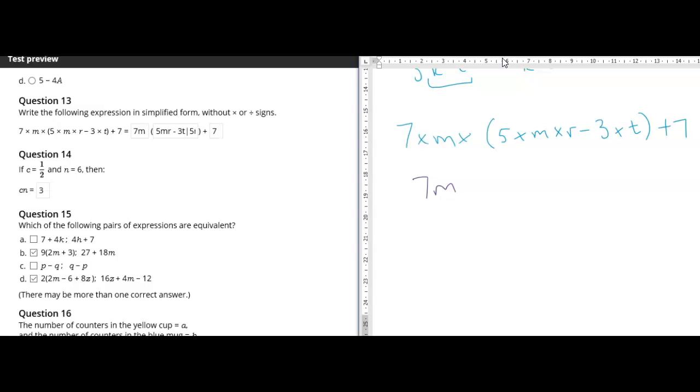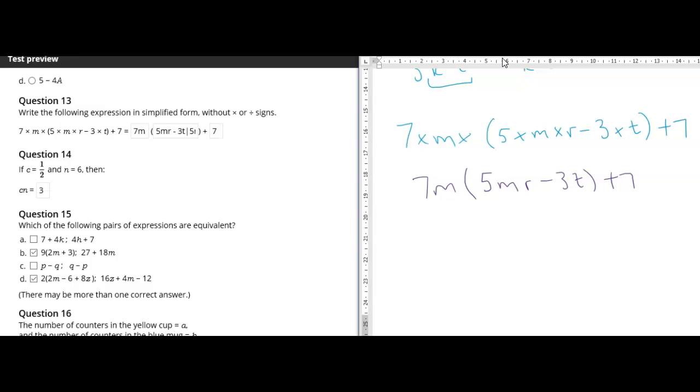So 7 times m is 7m. Then we put in our bracket. 5 times m times r gives you 5mr minus 3t. And then we have the plus 7 on the end. Now, when I looked at your answers, some of you had expanded that. So I'll go back and check for anyone who had expanded that correctly.